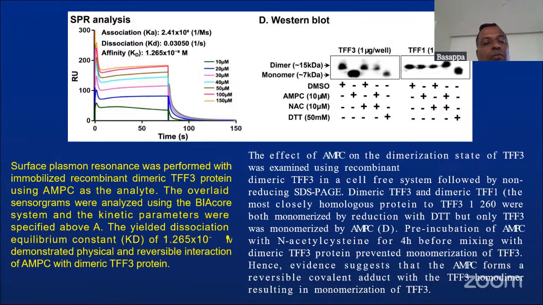So by in vitro we were able to demonstrate the compound binding to trefoil factor 3, and in Western blot analysis we were able to show that the dimeric form got inhibited in the presence of AMPC as well as N-acetylcysteine, which does the same thing.